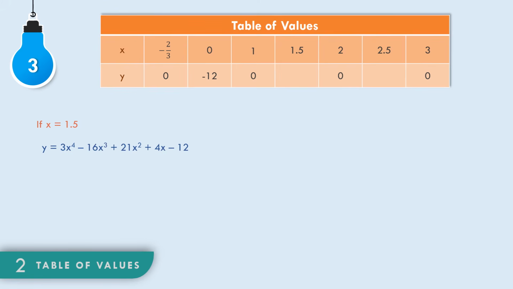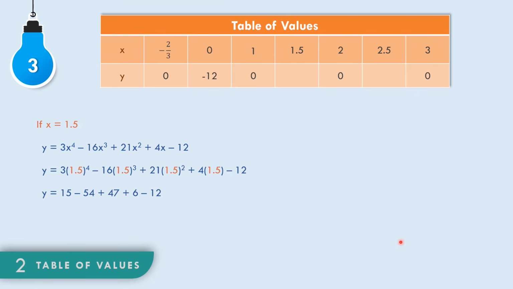So let us replace the value of x by 1.5. So that becomes 3 times 1.5 raised to the fourth power minus 16 times 1.5 raised to the third power plus 21 times 1.5 raised to the second power plus 4 times 1.5 minus 12.